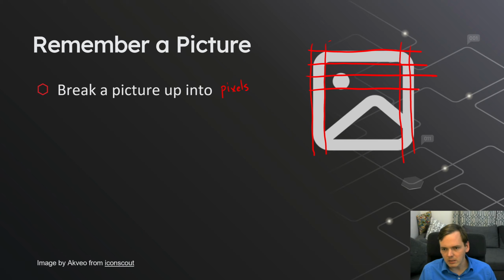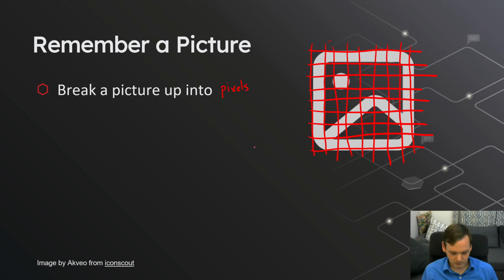We go across, and then we can come down. And so you can kind of see how this could be broken up into a bunch of little pieces of a grid. So we've broken that up into pixels.